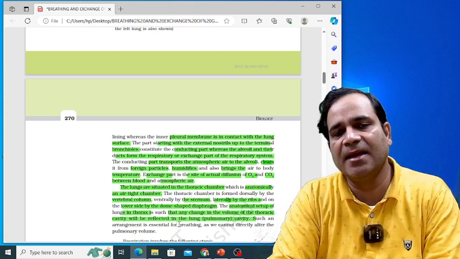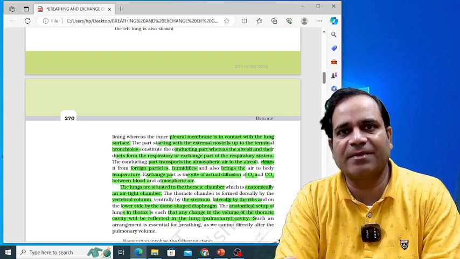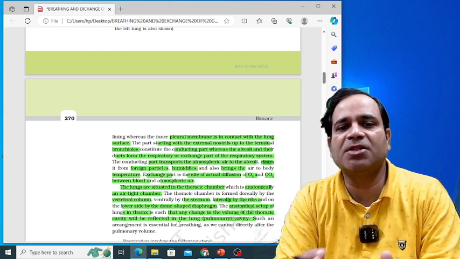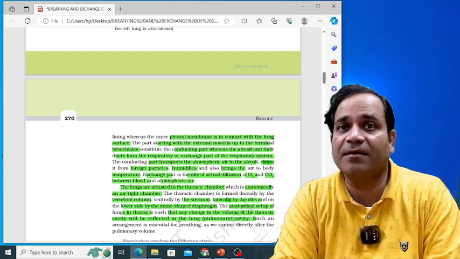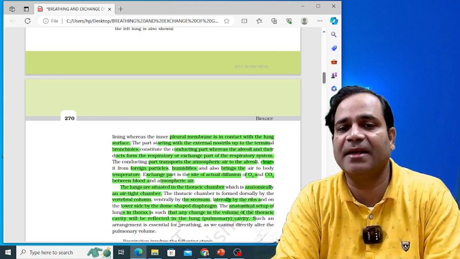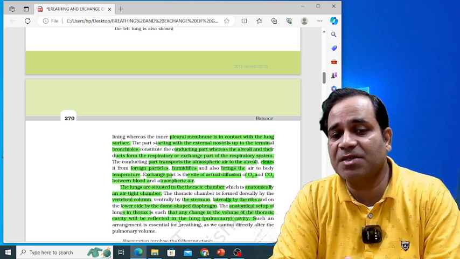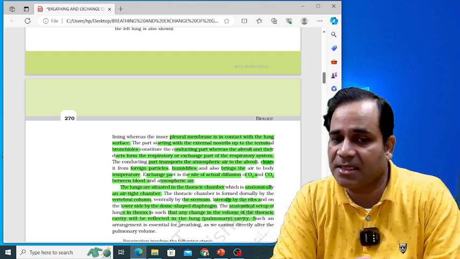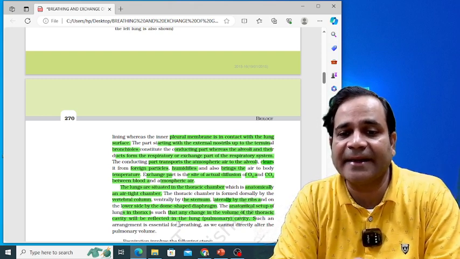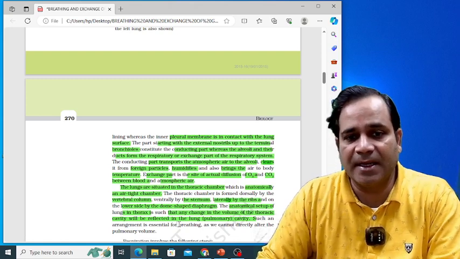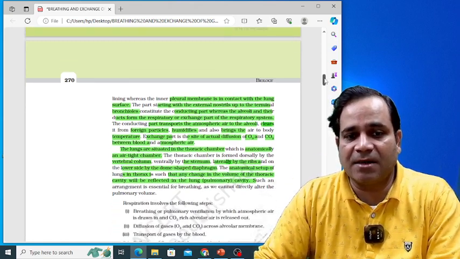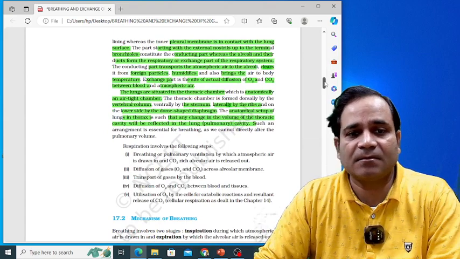The exchange of gases always takes place with the help of the pulmonary cavity. Such an arrangement is essential for breathing, as we all know that we cannot directly alter the pulmonary volume, isn't it?